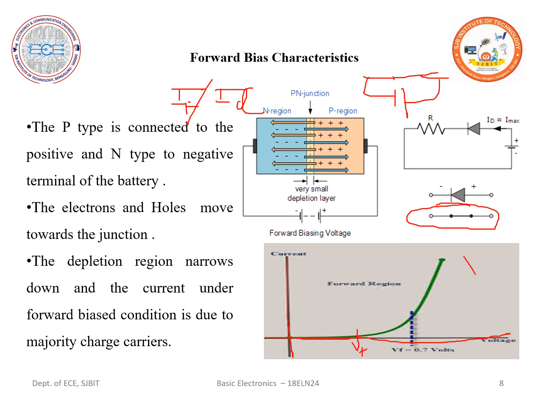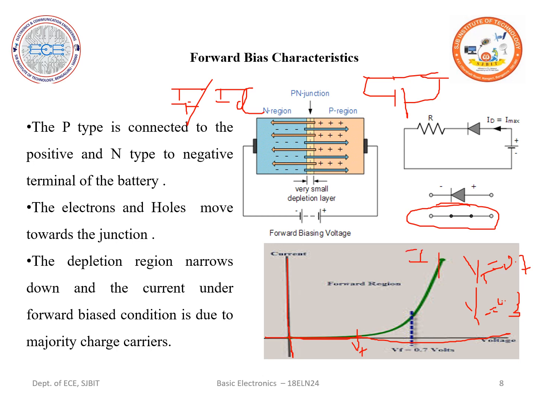The threshold voltage for silicon is 0.7 and for germanium is 0.3. Now this current we call forward current.